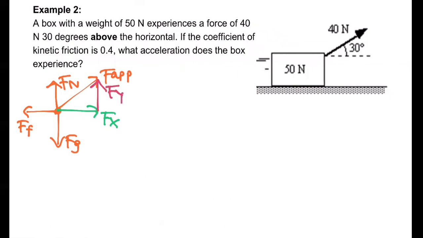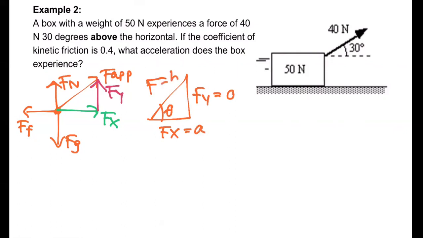Now, when I'm looking at this, I've got a triangle here. Let's redraw it in the right color. I've got my force that's applied, I've got force y, and I've got force x. So if I do some trig, we've got an angle here. This is my opposite, this is my adjacent, and this is my hypotenuse.